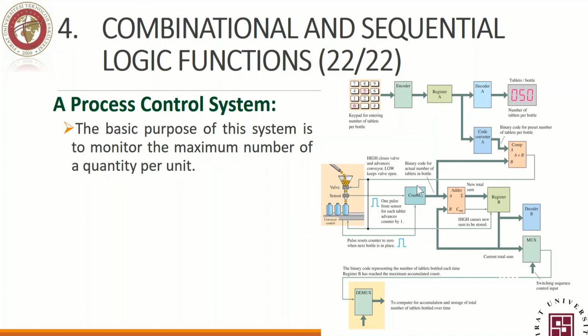It's widely available, especially in industry, so we don't count by human power. That will not produce an efficient way. Usually this is done as an automated process with robotics. And that's why we need a counter with some decoding functionality, so that when the counter counts to 50, we get it back to 0, we erase whatever is available, get back and count, move the bottle, and so on.